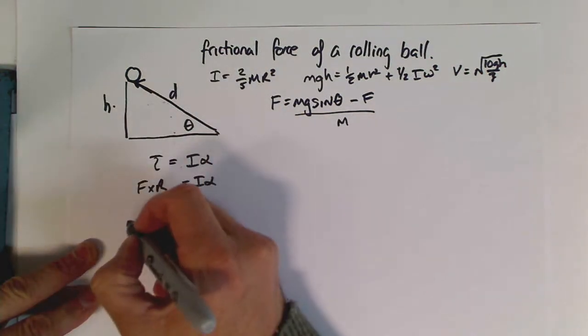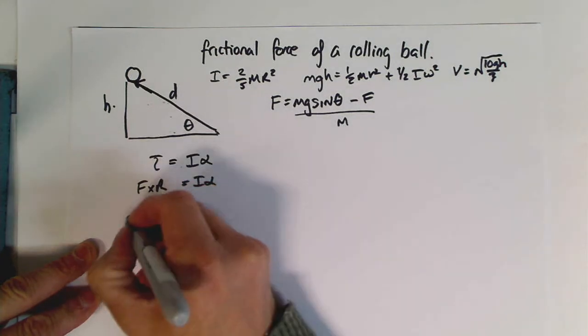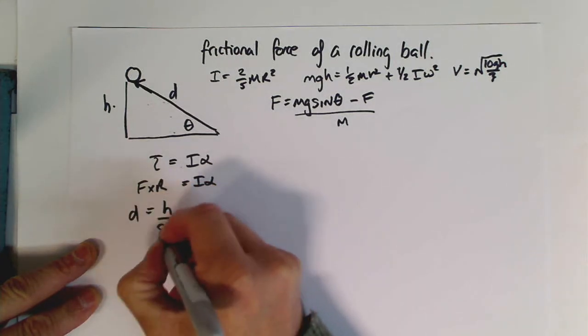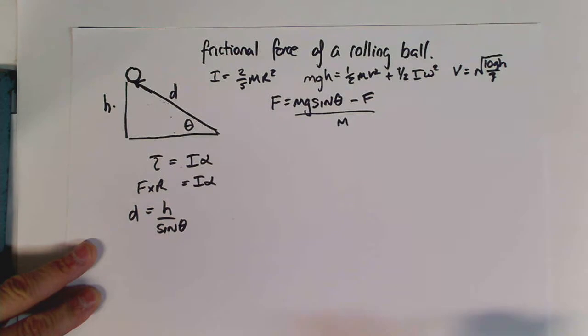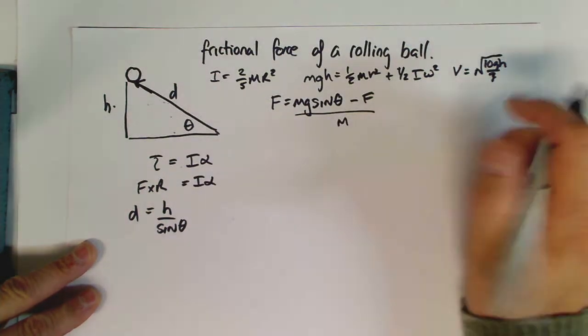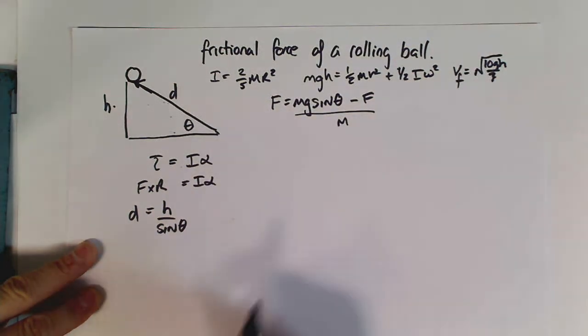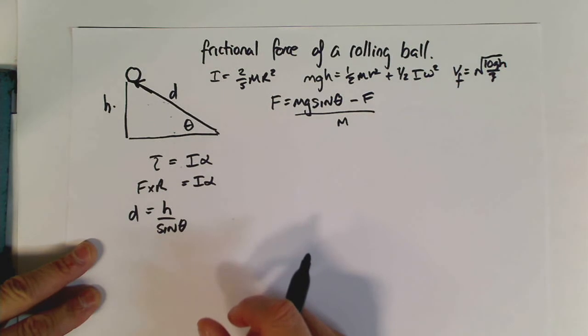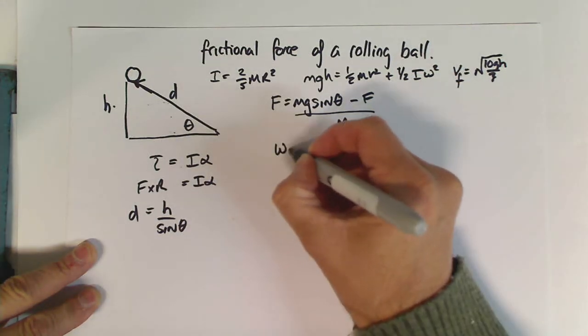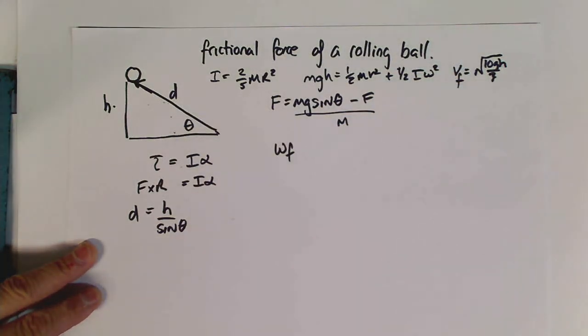So h equals d sine of theta, or d equals h over sine of theta. We've got the omega f, that's for at the bottom of the ramp. Let's have a little think about some of our other little equations here. Kinematics coming in here. Often a good idea when you're trying to solve a problem is to have a think and write down anything you can.